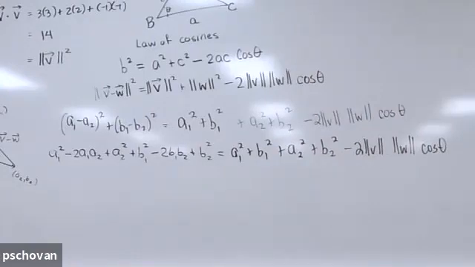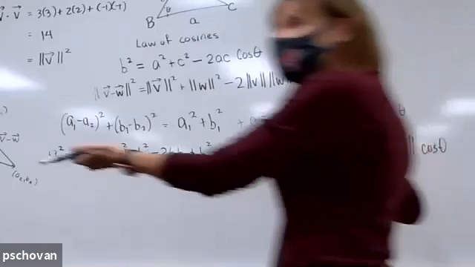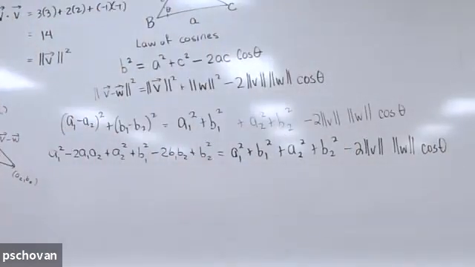So when I multiply it out like that, we get like terms on each side of the equal sign, so we can subtract them out and lose them. We're going to lose from both sides the A1 squared, the B1 squared, the A2 squared, the B2 squared.